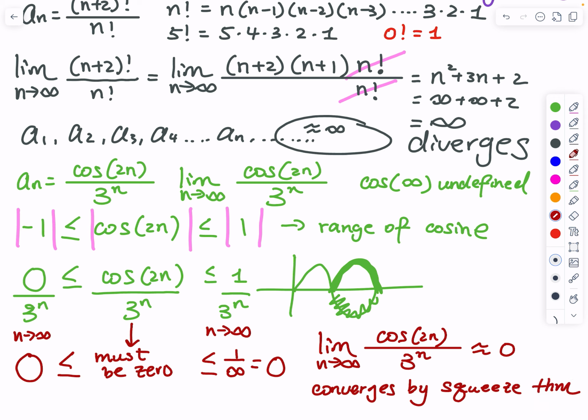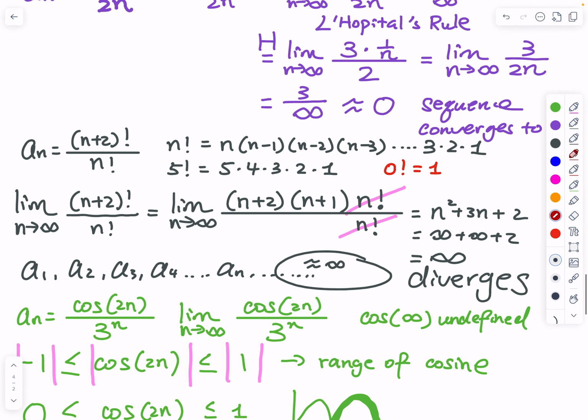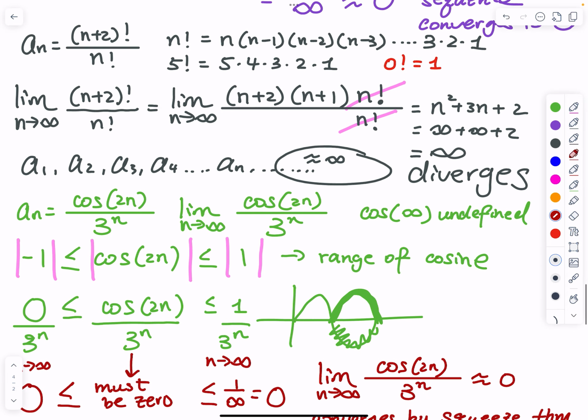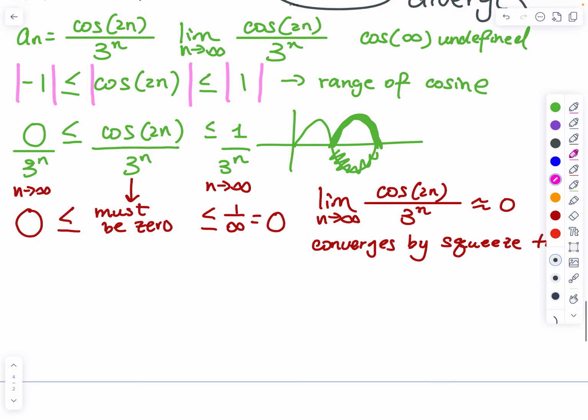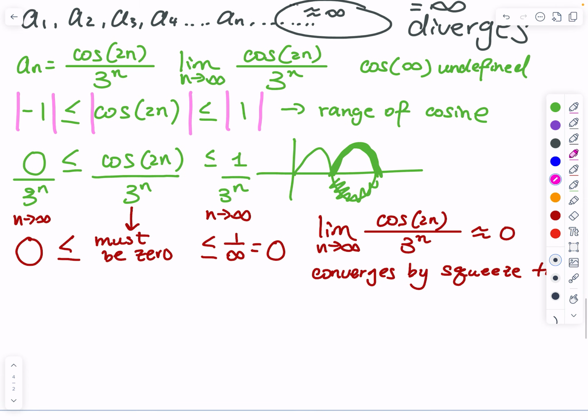All right, so that would be another problem. Okay, let's do the last one. The last one, I would like to do another L'Hopital's rule. Let's use pink. Okay, last one. This one, let's do the limit of a_n equals n multiplied by sine of 1 over n.